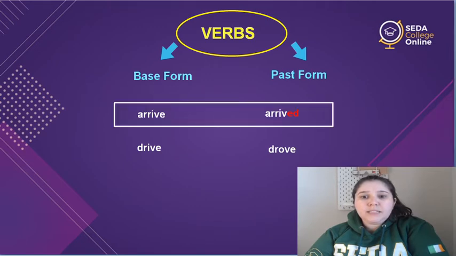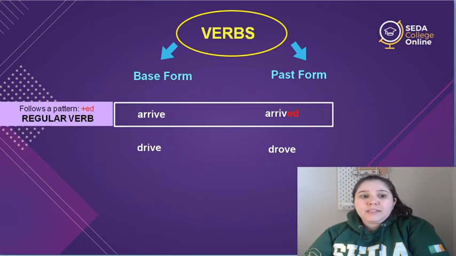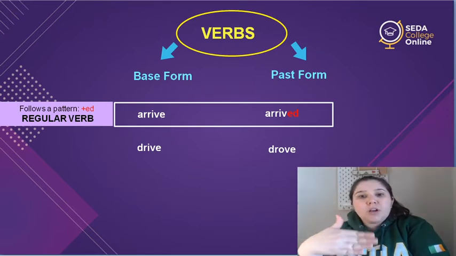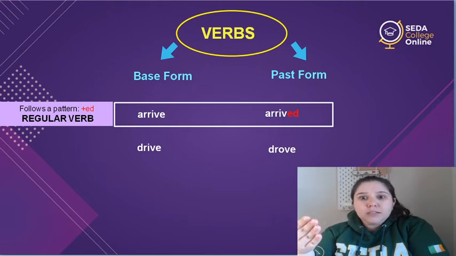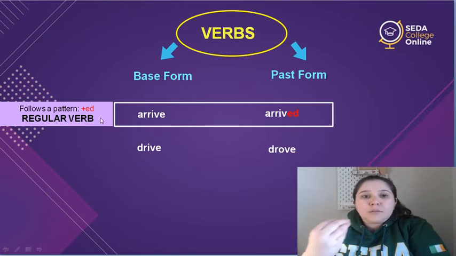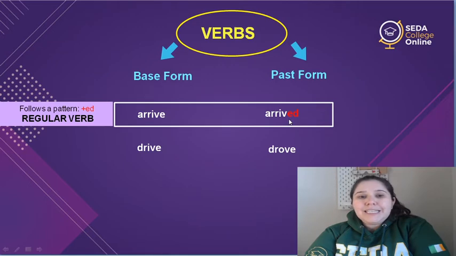Let's see. This first one, it follows a pattern. What is a pattern? Something that is always the same, that is always repeated. So the pattern here is ed. So we have the base form verb plus ed, and it becomes arrived for the past form. This is a regular verb. So when a verb follows the pattern plus ed to form the past form, it's a regular verb.